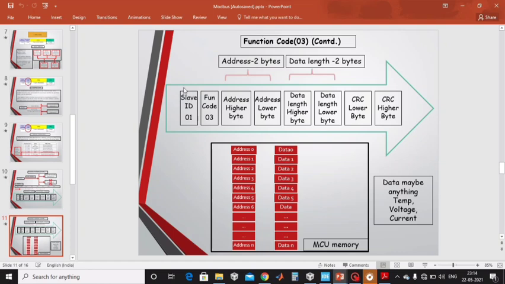Manufacturers are free to decide their own set of rules for the SPI communication. There are no specific rules for SPI communication regarding the data exchange. So we have to look at the data sheet of the device with which we are communicating in the SPI communication.